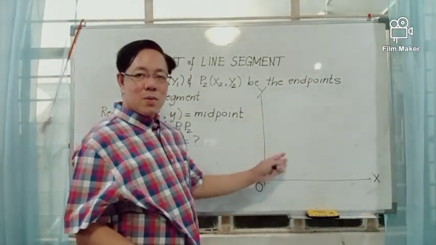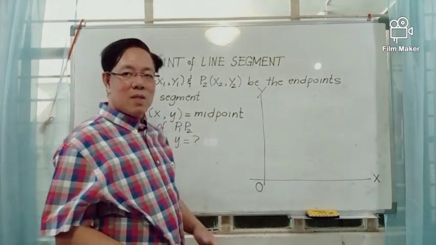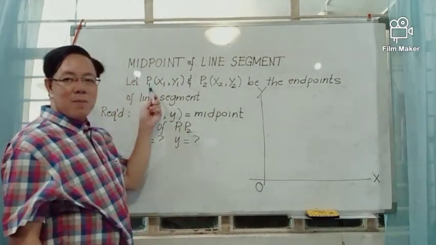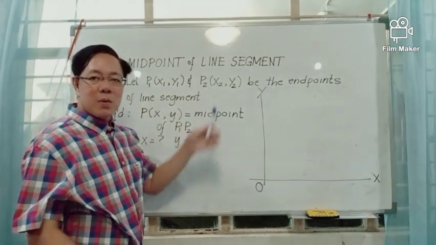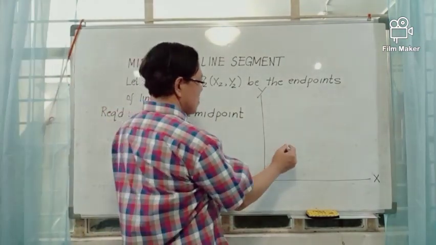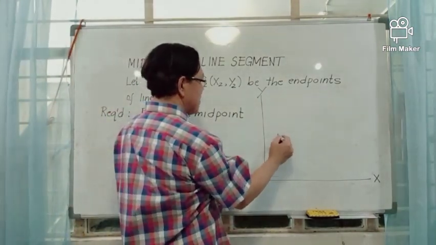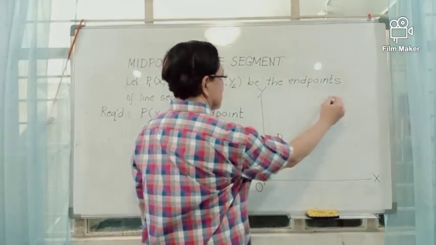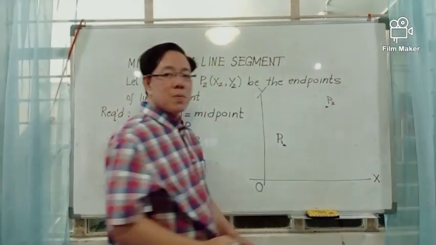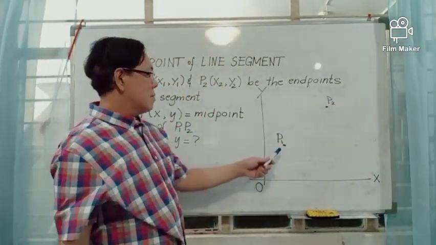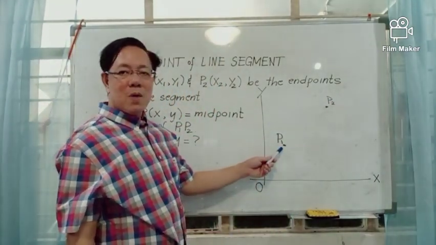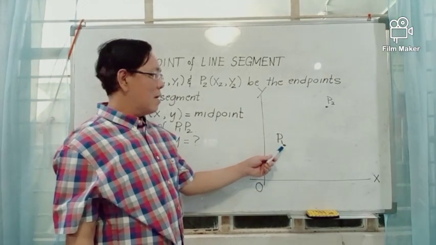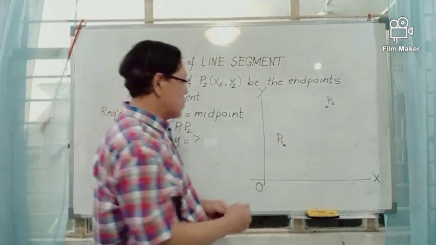And we take two arbitrary points in the first quadrant and we denote them by P1 and P2. Suppose this is the point P1 and this is the point P2. Now we draw the line segment that connects P1 and P2.